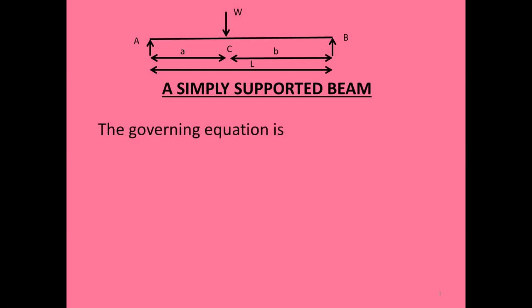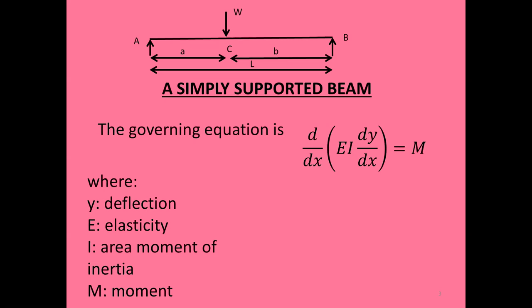The governing equation to this problem is a second order differential equation which was already discussed in the lecture classes. In this governing equation, Y represents deflection, E is the elasticity, I is the area moment of inertia, and M happens to be the moment.